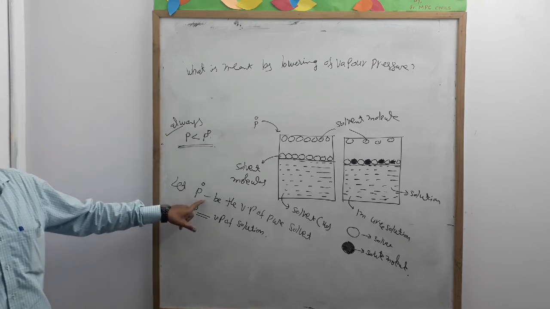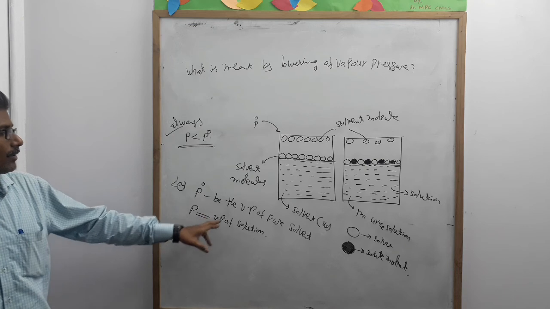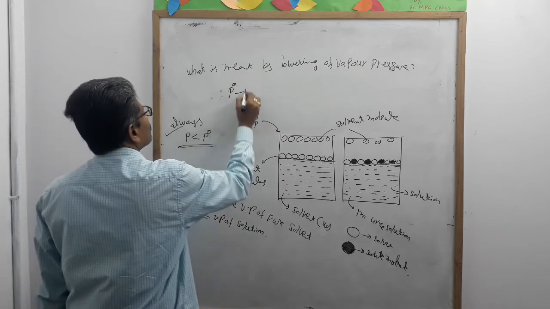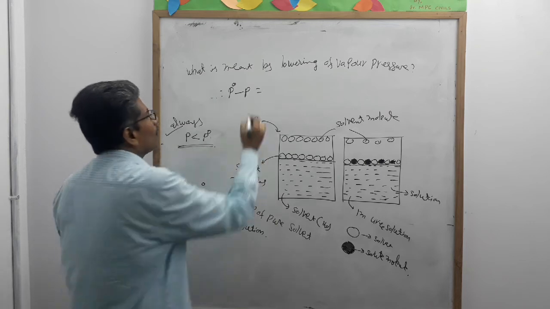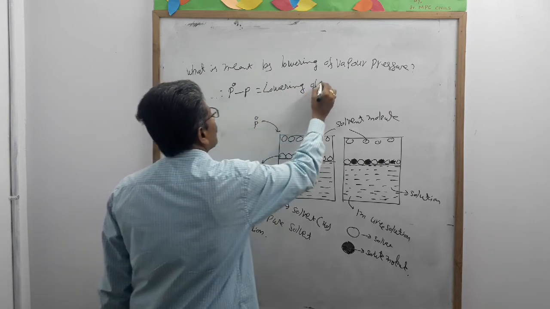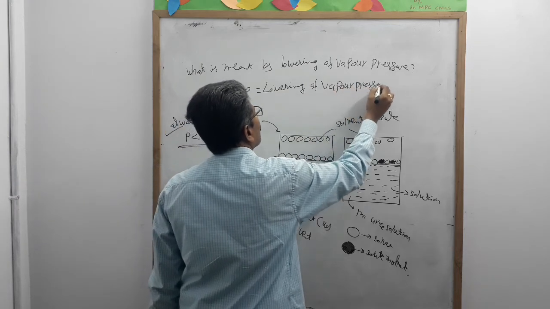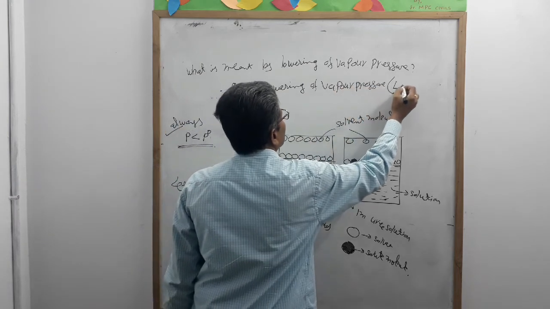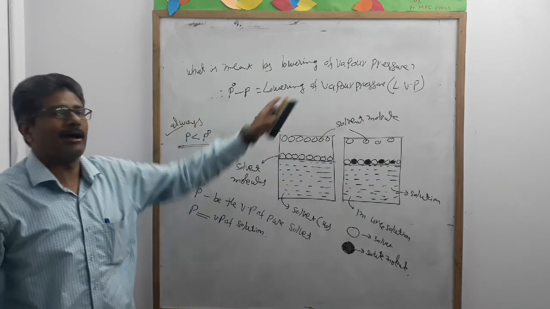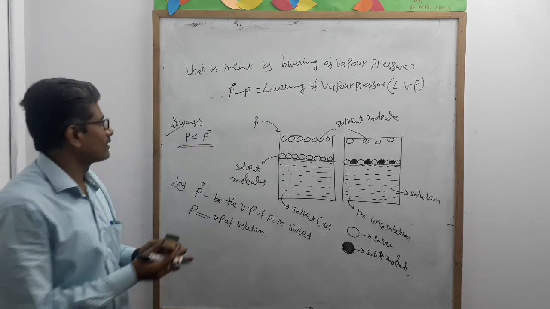Let P naught be the vapor pressure of pure solvent and P the vapor pressure of the solution. Therefore, P naught minus P is the lowering of vapor pressure, called LVP.